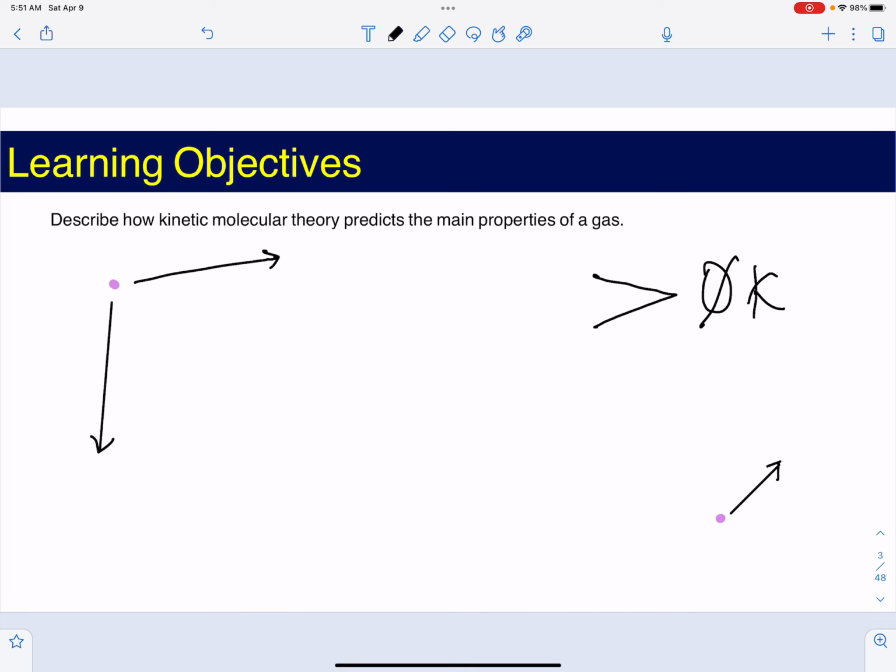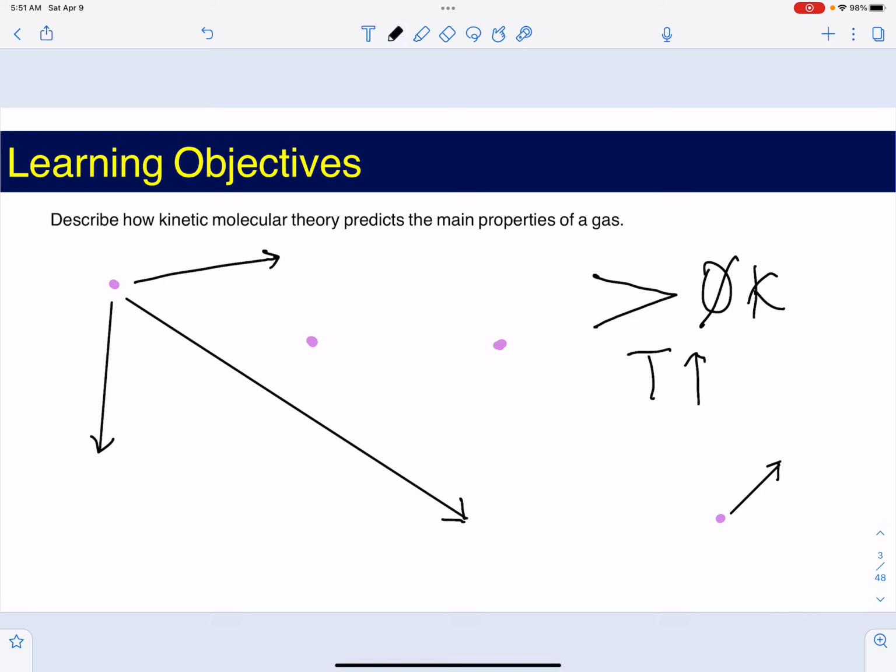And if the temperature goes up, then they're going to move faster. I'm doing that with a longer arrow because if they're moving faster, they're going to travel a longer distance in a shorter time.